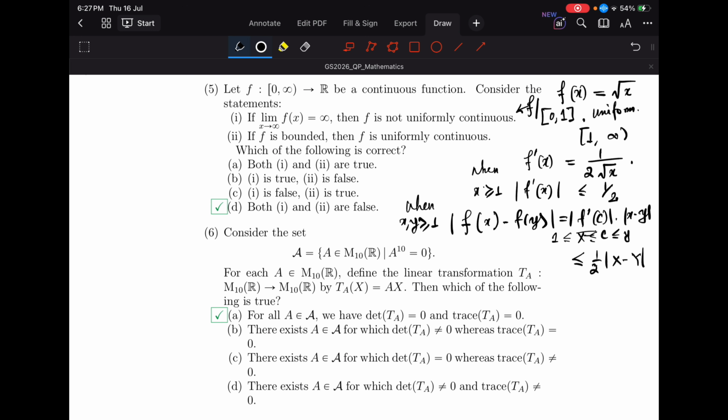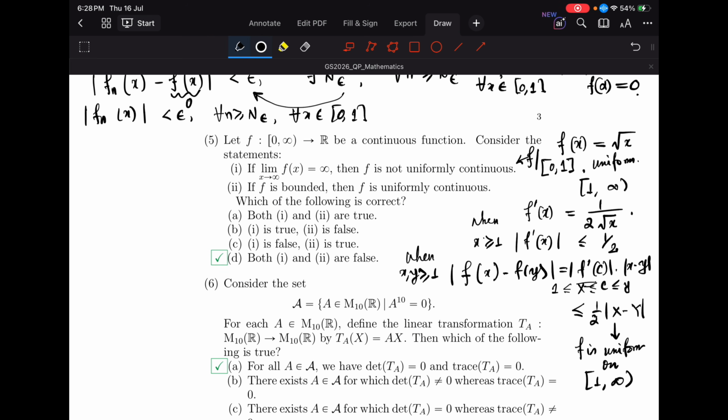Then this will imply f is uniformly continuous on 1 comma infinity. Okay, so root x is uniformly continuous on 0 comma 1 and 1 comma infinity. So if you combine this together, f equal to root x is uniformly continuous on 0 comma infinity.